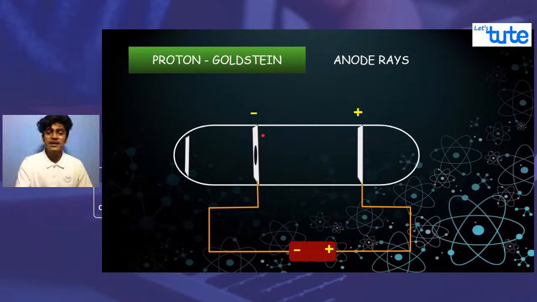These are the electrons passing from the cathode towards the anode. But Goldstein noticed that some kind of rays were also passing from the positive anode towards the cathode. These rays were passing through the hole in the cathode and struck the screen.